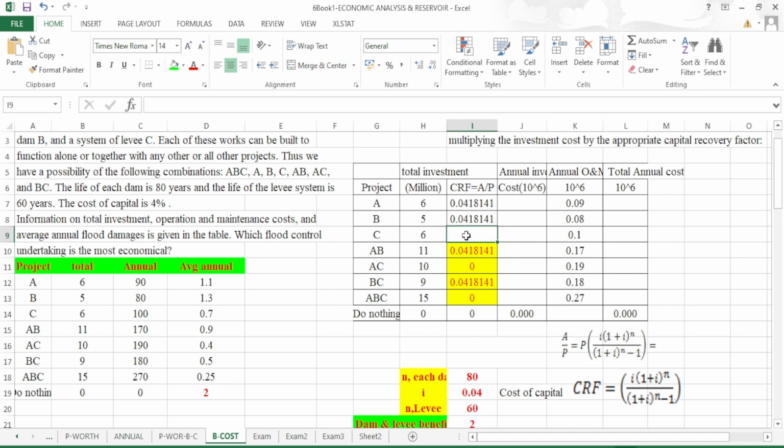Next, I'm going to estimate the capital recovery factor for project C. Like this, i times (1 plus i) to the power of this value n, over (1 plus i) to the power of n minus 1.